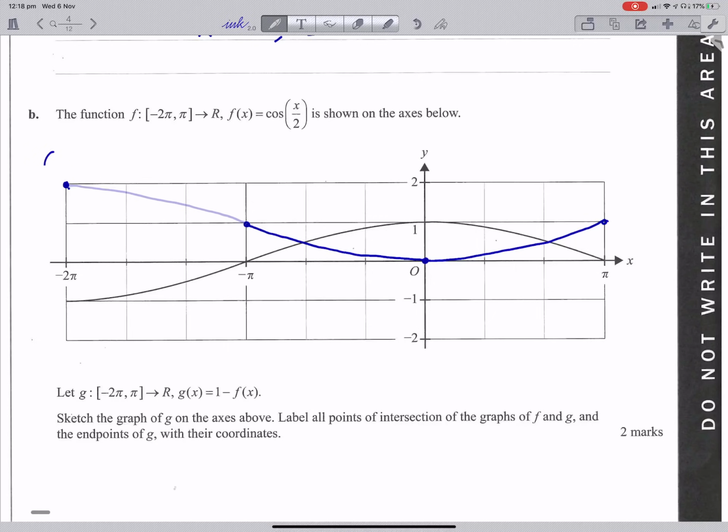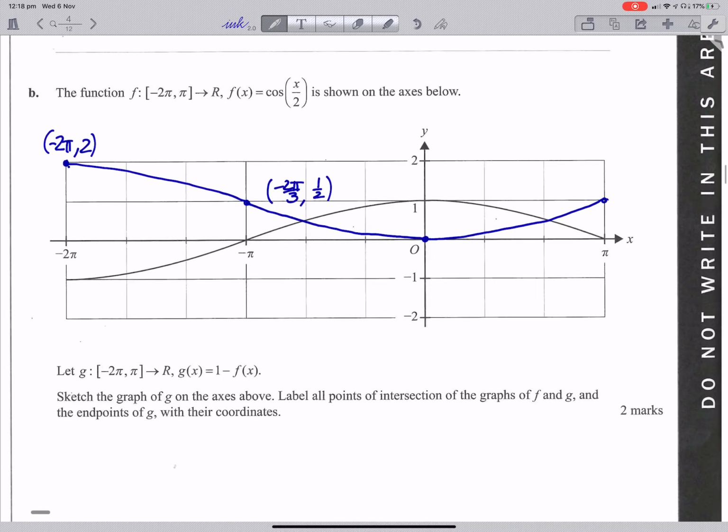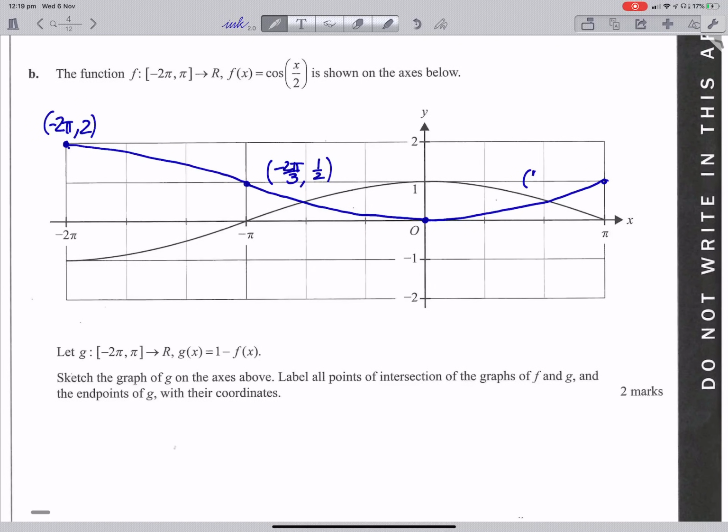Okay, so negative 2 pi on 3. At a guess, they want us to get this, negative 2 pi on 3, 1/2. And what do we have to do? Points of intersection of the graph f and g, the endpoints of g with their coordinates. 2 pi on 3, 1/2, and pi, 1.